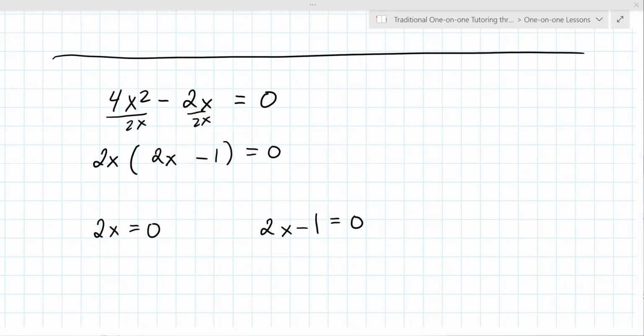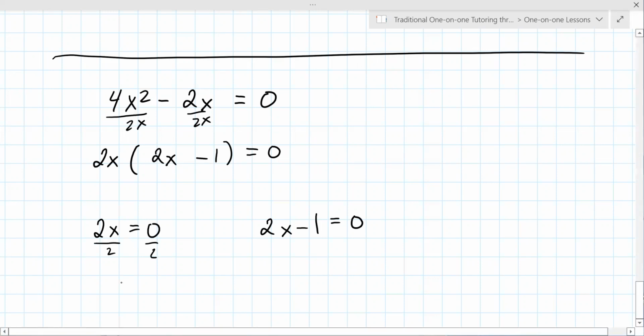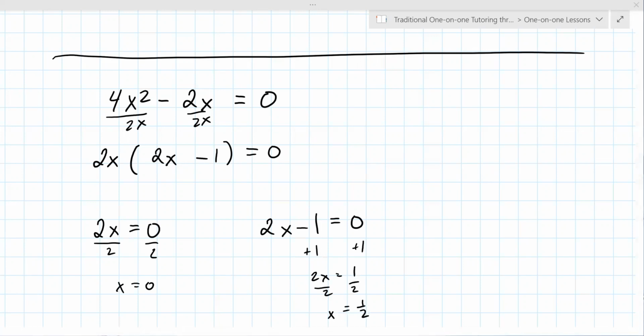On the left here, you're dividing by 2. On the right, you're going to add 1 and then divide by 2. And that is your final answer.